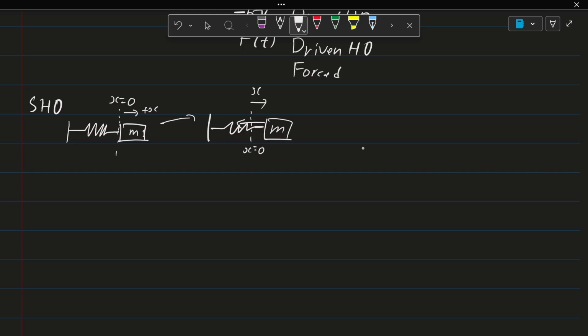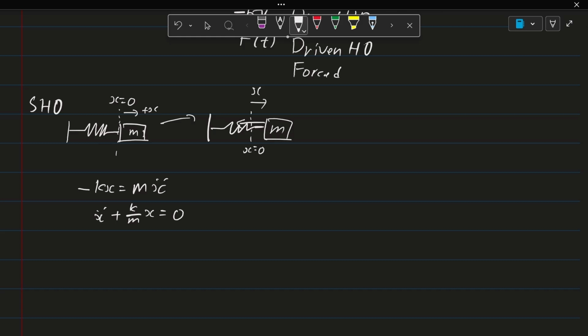So therefore, you could denote this to be negative kx equaling mx double dot, which is the equation of motion. You could solve this differential equation, and if you simplify this, it's x double dot plus k over m x equaling 0.